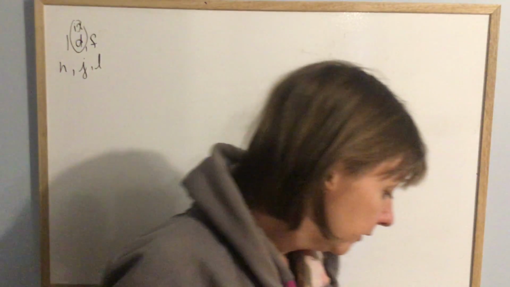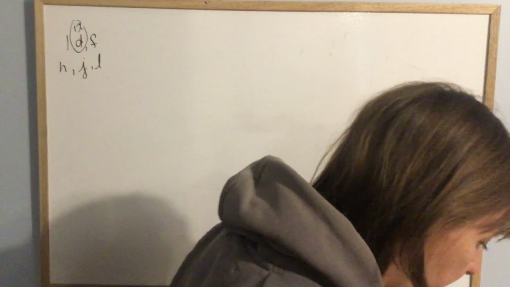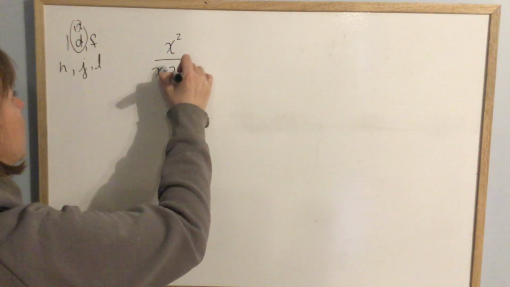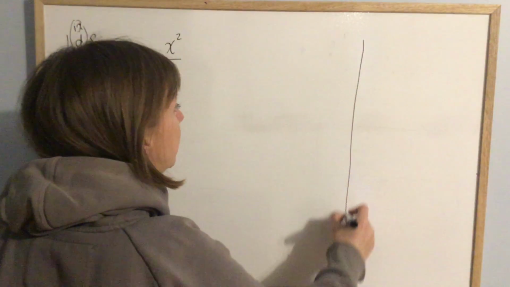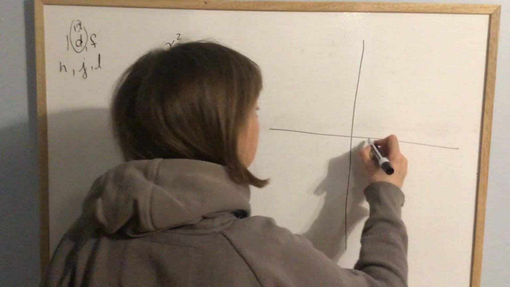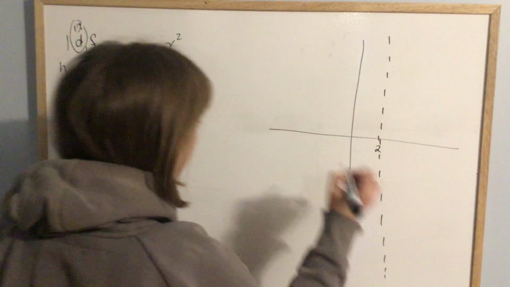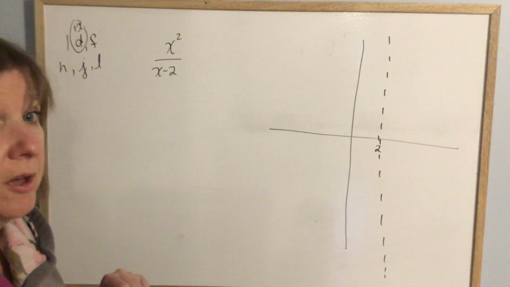F says x squared over x minus 2. So again, I know that I have a vertical asymptote at 2. On this one, the degree on the top is exactly 1 more than the bottom.